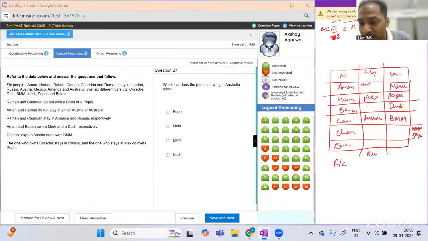The only other car left is Belrally. So one of them owns Belrally, the other owns Porsche. The Porsche person stays in Russia. Aman and Haman don't stay in Australia or Austria.